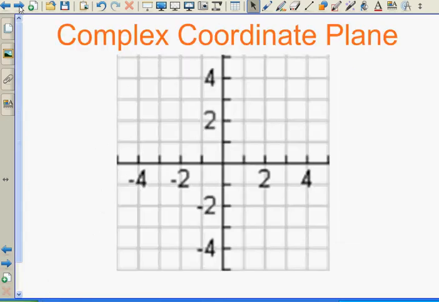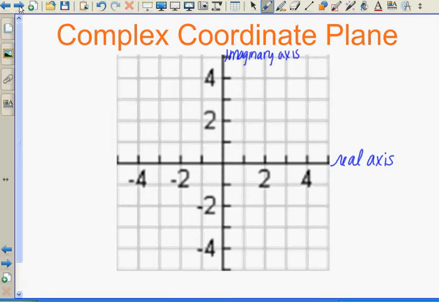So I want you to pause for a second and think about the coordinate plane as you know it. The coordinate plane as you know it goes x-axis, y-axis, right? We also have what's called, instead of just a regular coordinate plane, a complex coordinate plane, where this is called the real axis, and this is the imaginary axis up here.